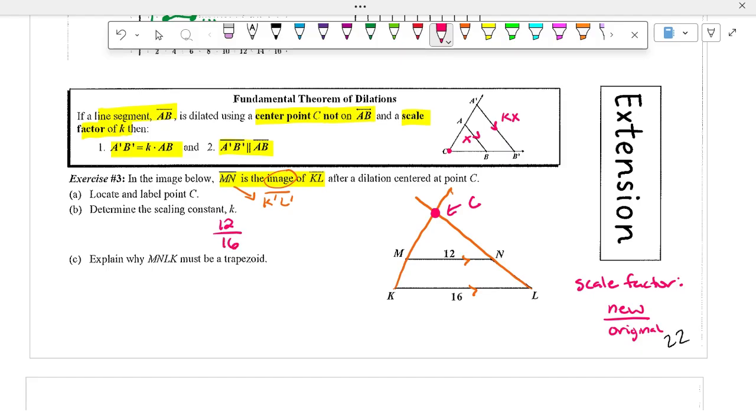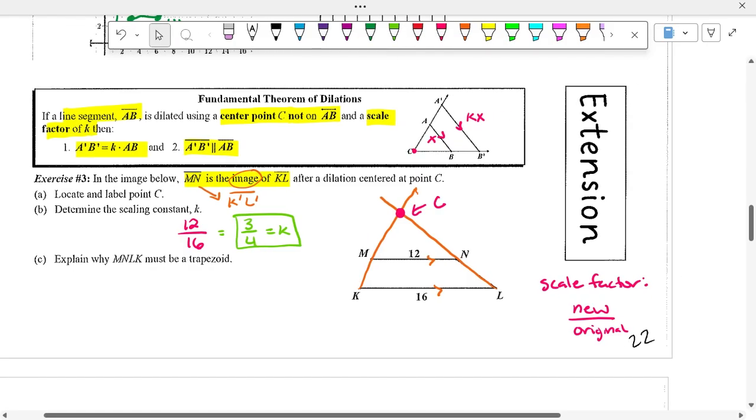Now we know that that's not going to be a pretty number, so all we have to do is simplify that fraction to get our scale factor. What can I divide into both 12 and 16? 4. So the simplified fraction would be what? 3 over 4. And that's equal to K. So what they did is multiply 16 times 3/4 and they got 12.